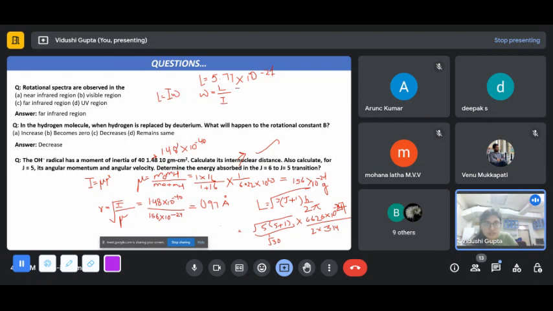Now substitute the value of L. It's 5.77 into 10 minus 27 divided by I. I will be 1.48 into 10 minus 40.